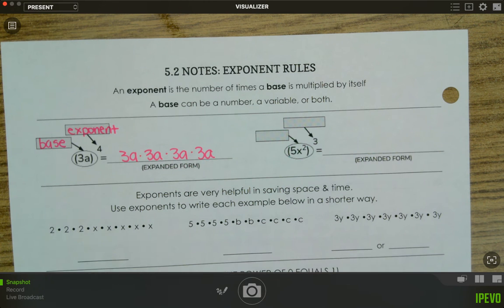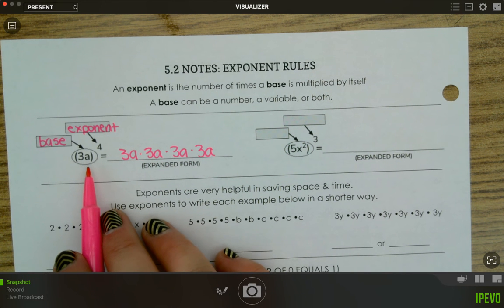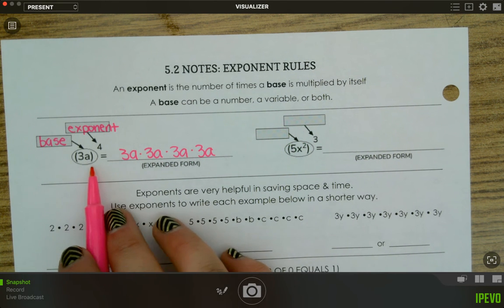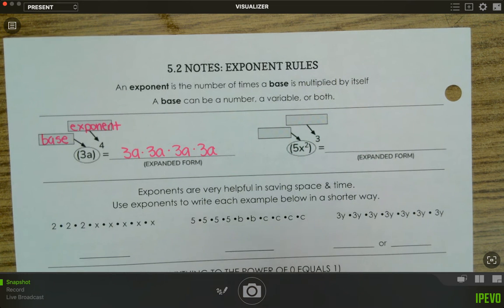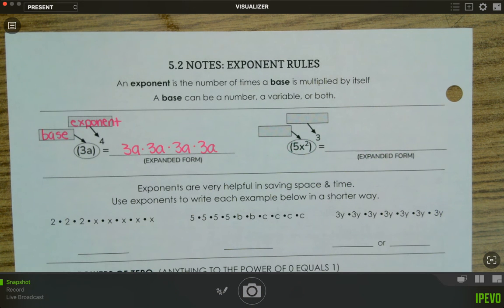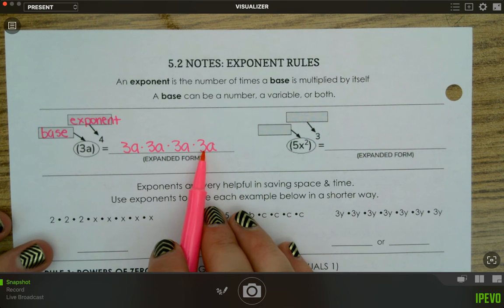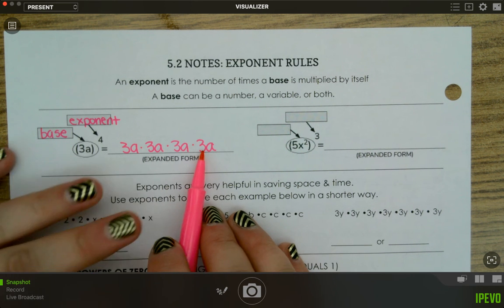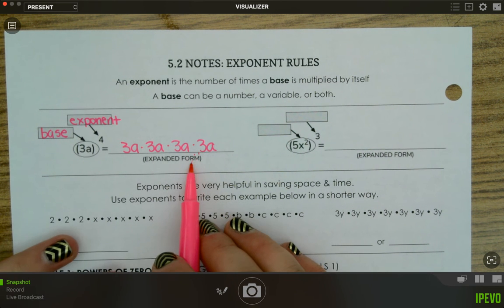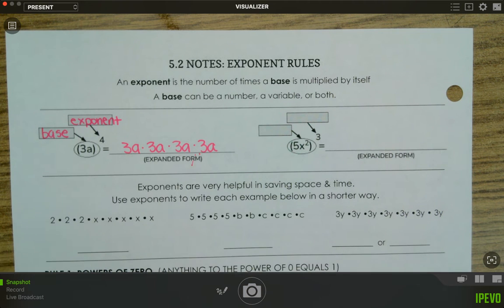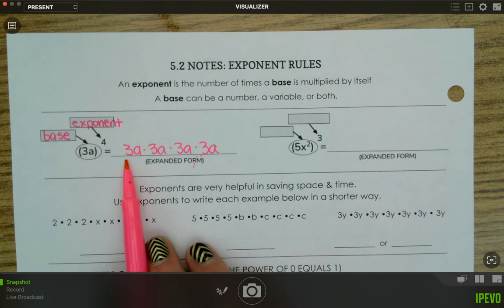Okay, and this doesn't mean that there are 4 3a's, simply it means there's 4 of them being multiplied instead of being added, so don't get those two confused. If I wanted to simplify this, I could actually multiply 3 times 3 times 3 times 3 instead of leaving all of those out there. And this is called expanded form because we expanded it out and we rewrote it all the way out.